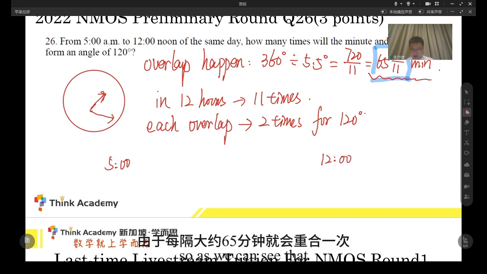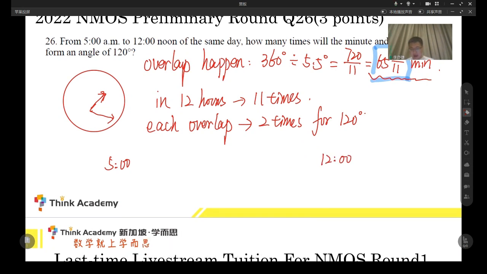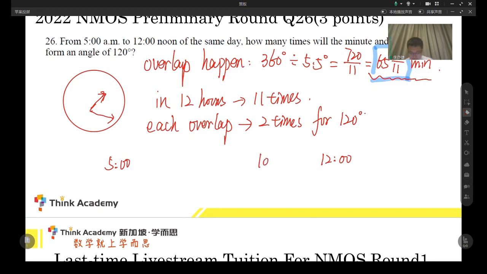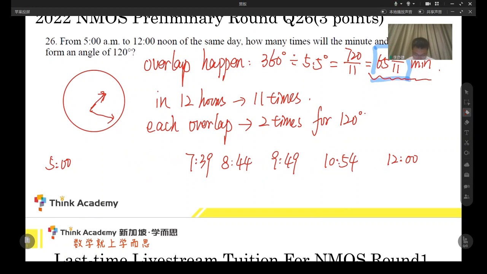Let's trace back. As we can see, overlap happens every hour and 5 minutes. So the last time should be maybe like this. Now this is not very accurate, just maybe here.